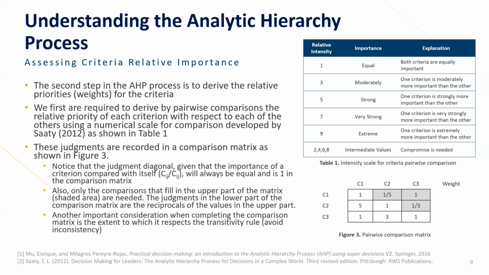Again, for example, you have 3 criteria. Other than the reciprocal relationship, we also have something called transitivity rules. Transitivity rules also determine whether you fill this table consistently or not.